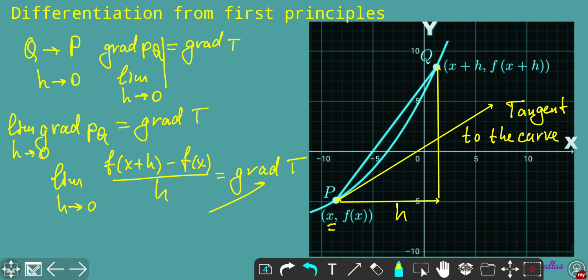So in other words, you remember that gradient shows you how fast your function is changing at a given point. And because the function is like a curve, it's not a straight line, the gradient is always changing. So that's why it will show you the gradient at the point P, or, in other words, at the point with coordinates x and f of x. So that's how we can define the gradient. And that exactly means that you're trying to find a derivative, okay?